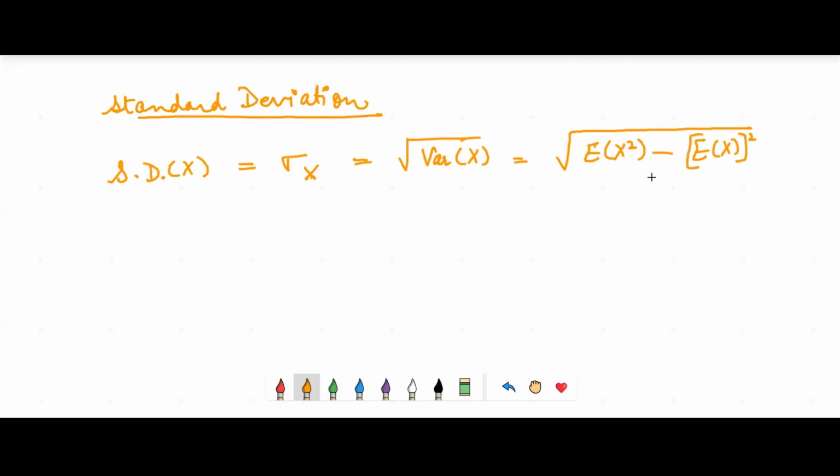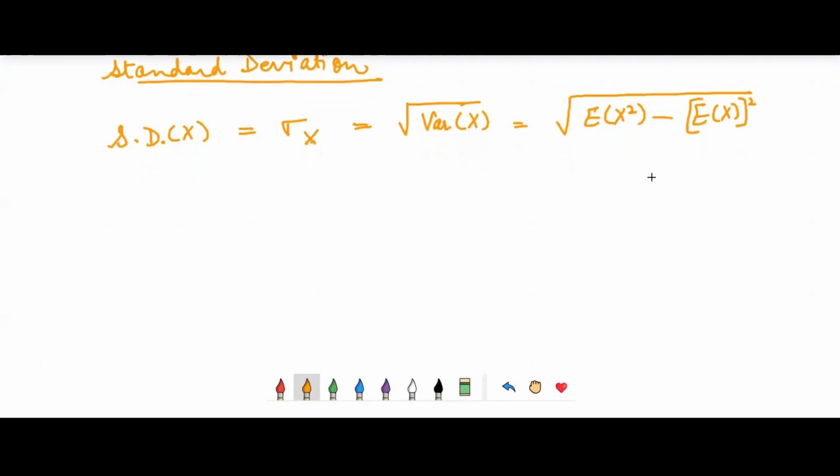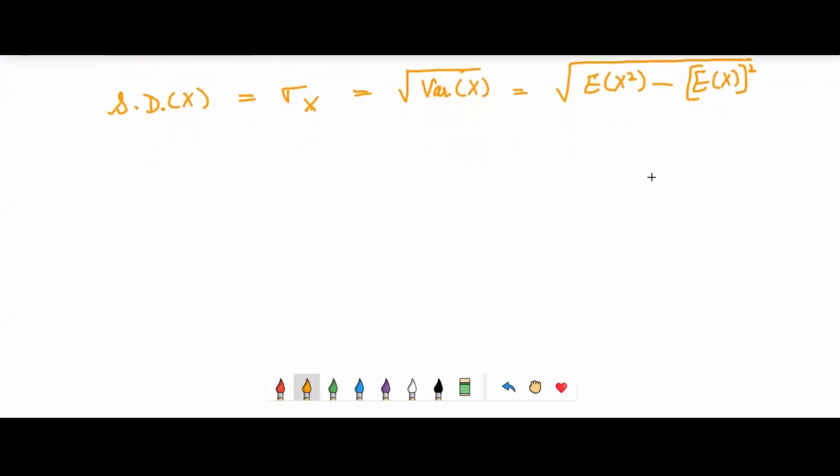Now, let us see what the value of the variance would be when we are talking about the discrete random variable or the continuous random variable.